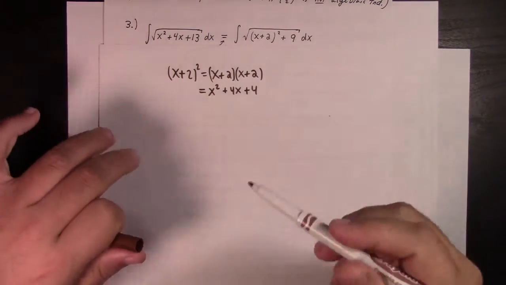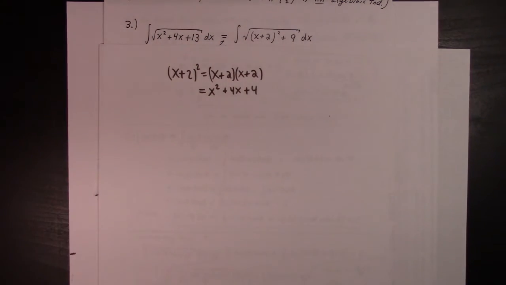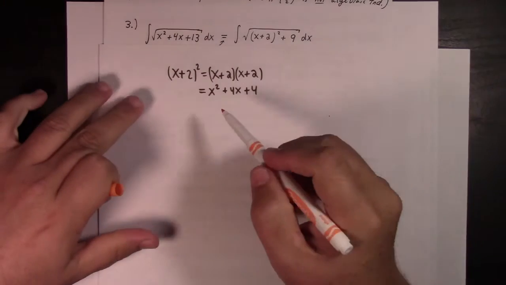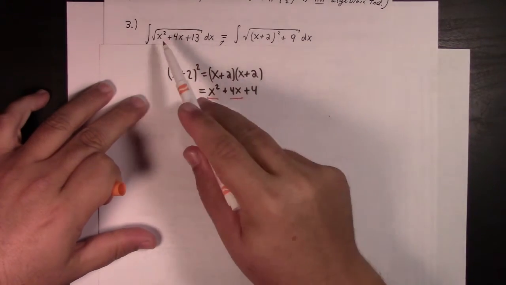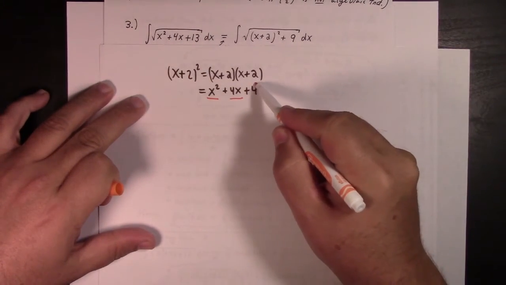Now, if you think about that, what do we already have? We already have the x squared. We've already got the 4x and what's up here, right? This 4 is new.